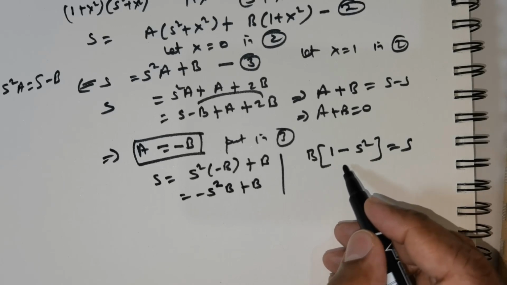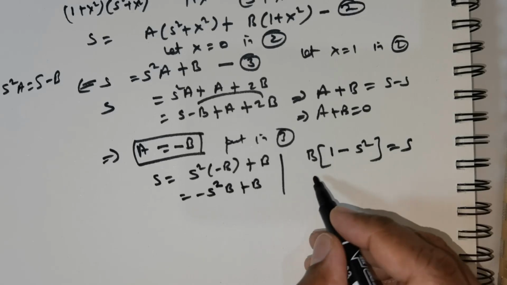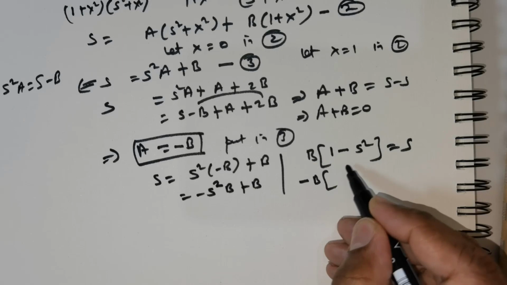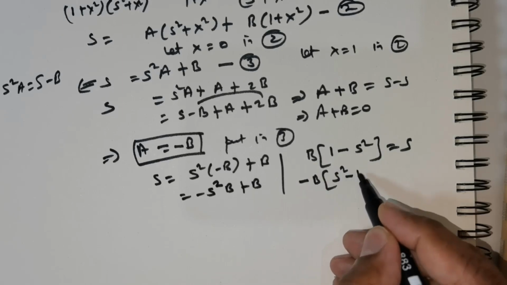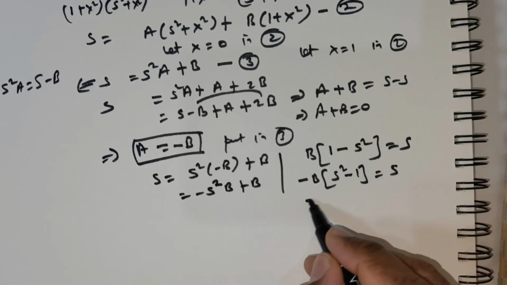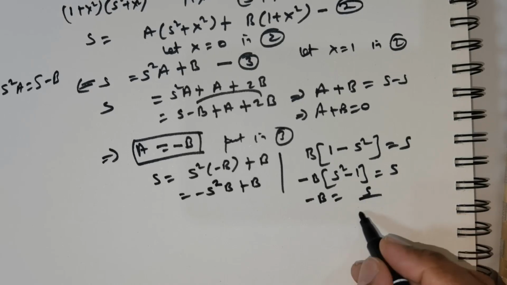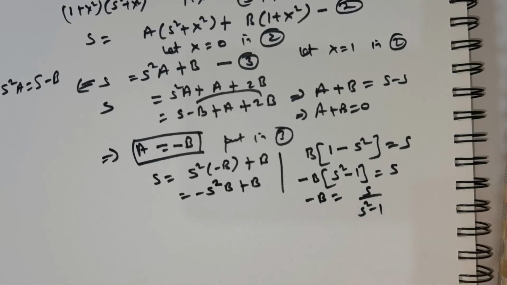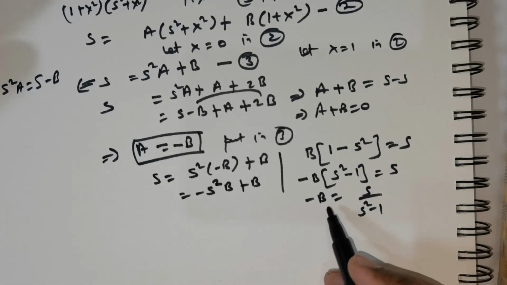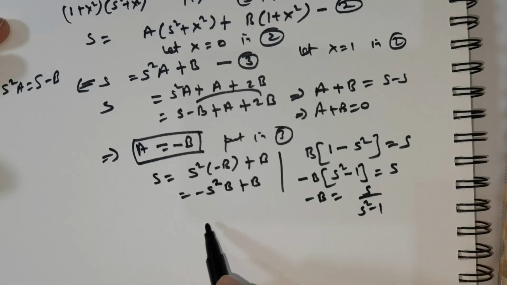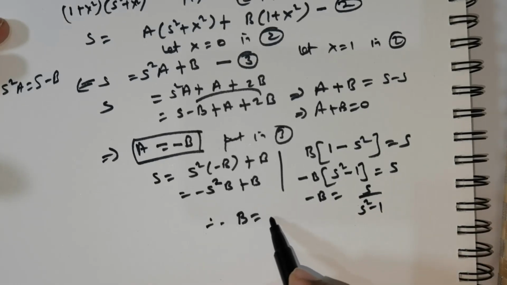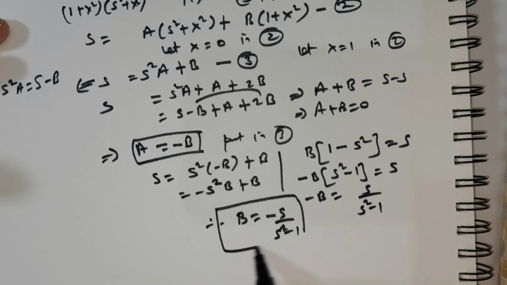If I take the negative sign out, this will be −(s² − 1) B is equal to s. So therefore −B is equal to s over (s² − 1), right? So this is the value of −B. So therefore B is nothing but −s divided by (s² − 1). So this is the value of B.